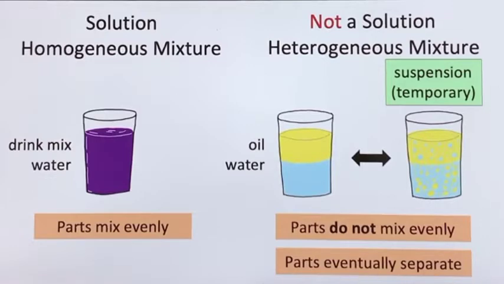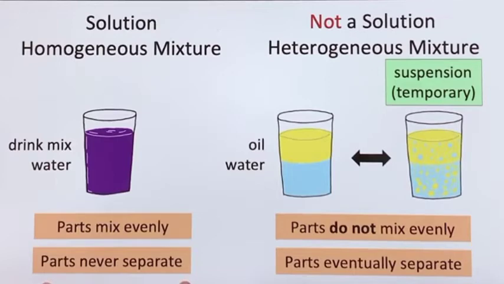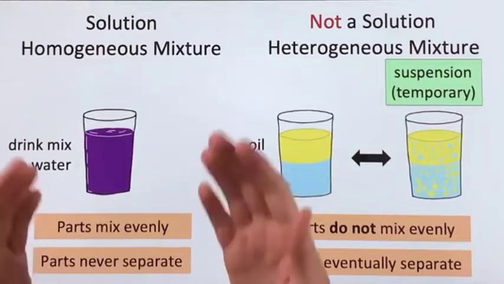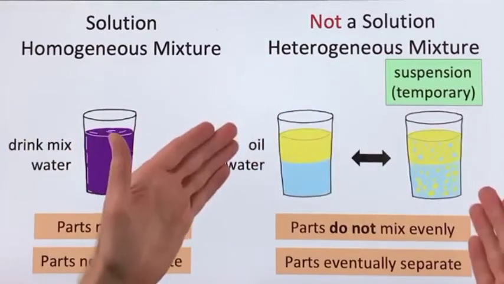Eventually, everything is going to settle back out, is going to separate back out, and you're going to end up with this again. So the parts eventually separate out when you have a heterogeneous mixture, but on the other hand, the parts of a solution essentially never separate. They're just going to stay mixed basically forever. So that's solution versus not solution.